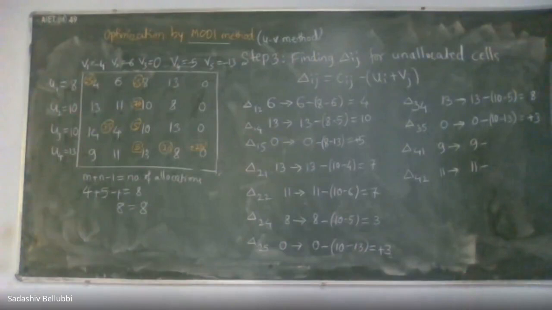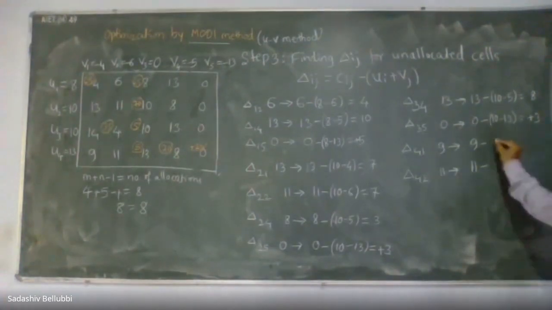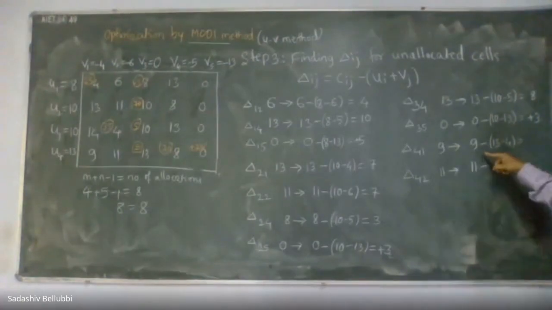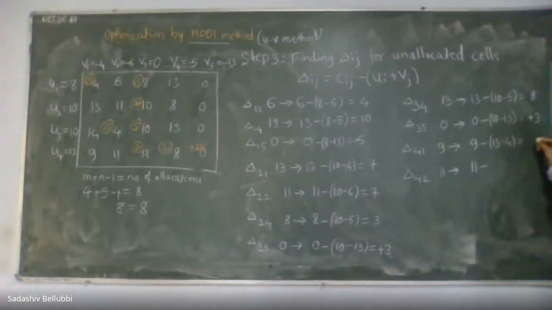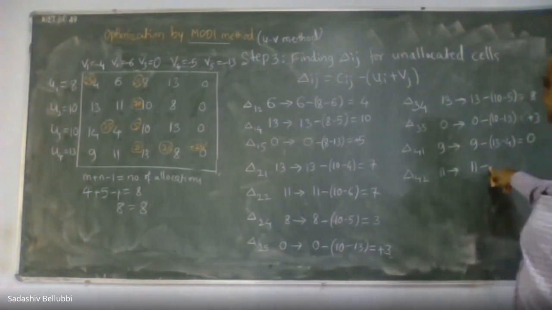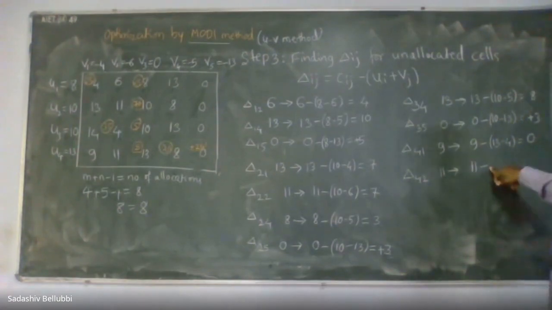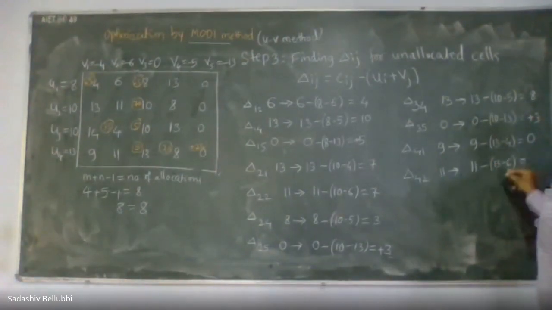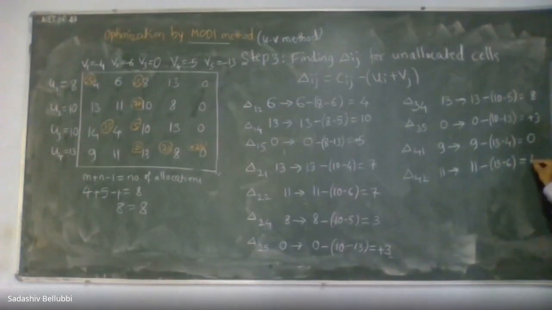Next one, delta 4,1 is 9. 13 minus 4 is 9. It is 0. And for delta 4,2, 13 minus 6. 13 minus 6 is 7. 11 minus 7 is 4.